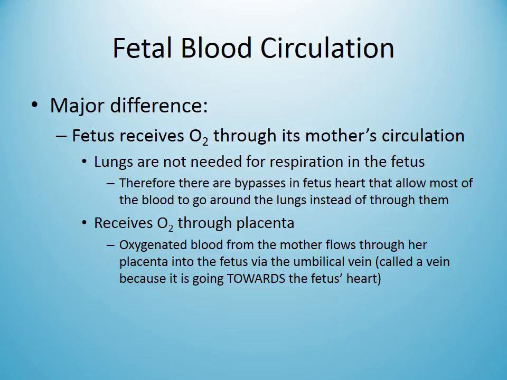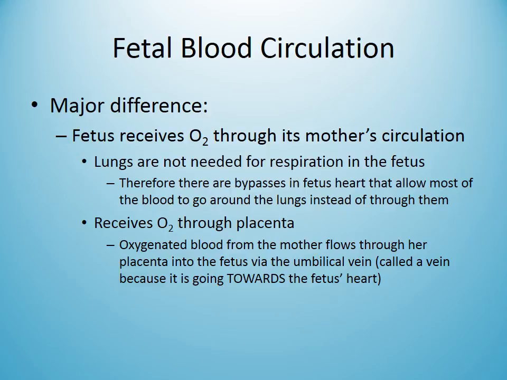Therefore, there are bypasses in the fetus's heart that allow most of the blood to go around the lungs instead of through them, because the lungs aren't in use. The blood doesn't need to go there, so it doesn't. The fetus receives oxygen through the placenta. Oxygenated blood from the mother flows through her placenta.